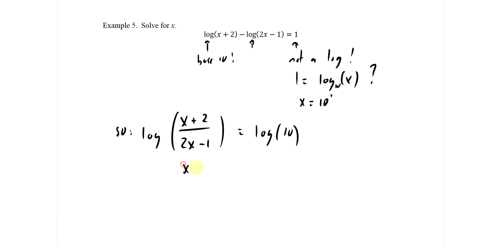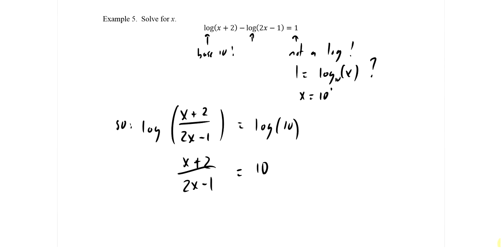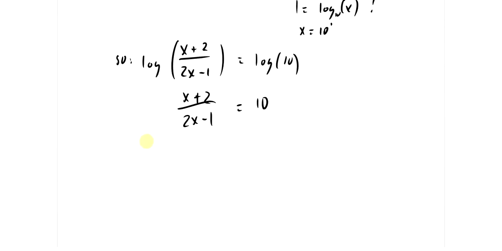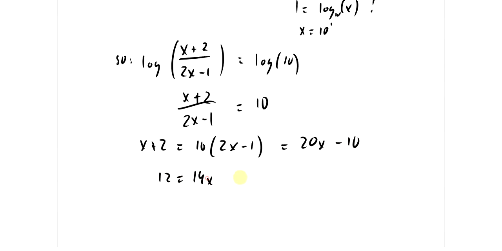And so now I can get rid of the logs, and I have that. And that's just a straightforward problem to solve. Multiply both sides by the 2x minus 1. Distribute, bring this 10 over, bring this x over. So what do we get? We get 12 equals 19x, or x equals 19 over 12.